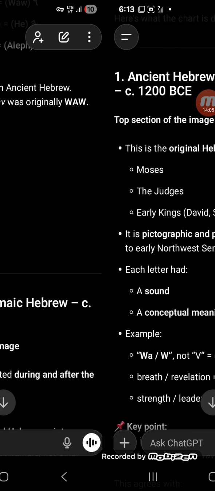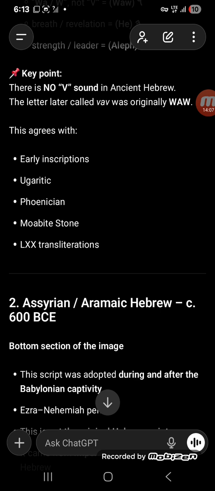Let's keep going. Key point: there is no V sound in ancient Hebrew. The letter later called Vav was originally Wow, which goes back to Wa. This agrees with early inscriptions, Ugaritic, Phoenician, the Moabite stone, and LXX transliterations.